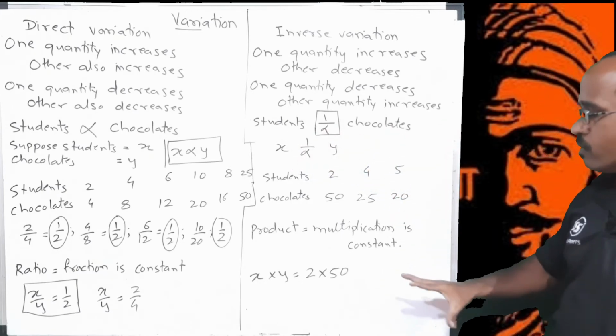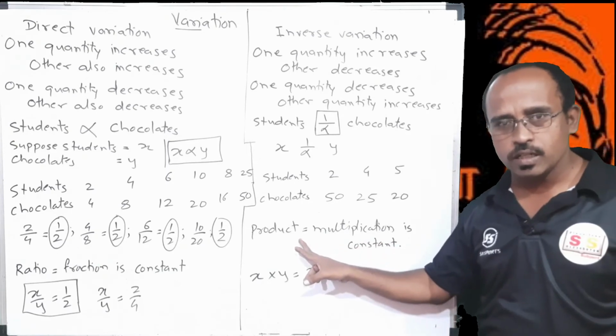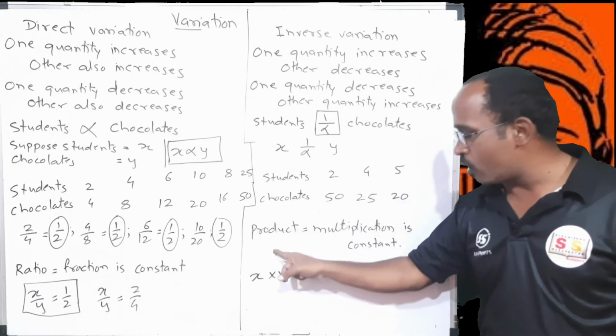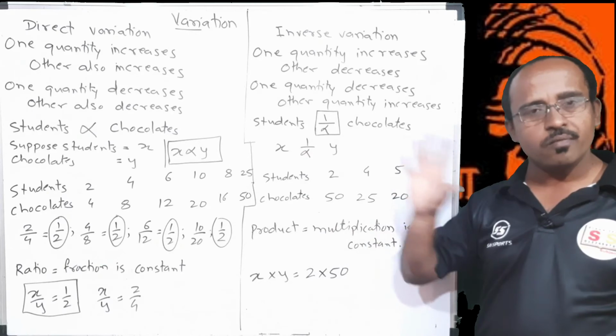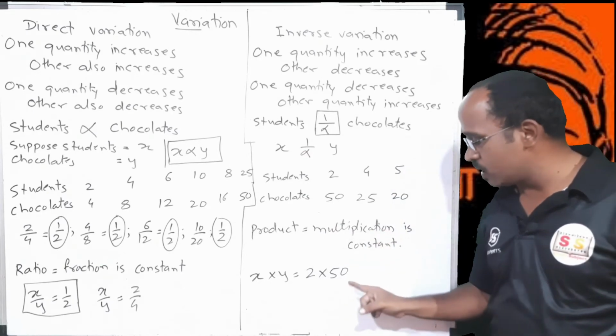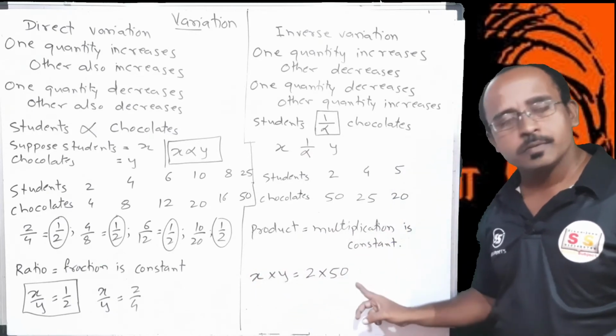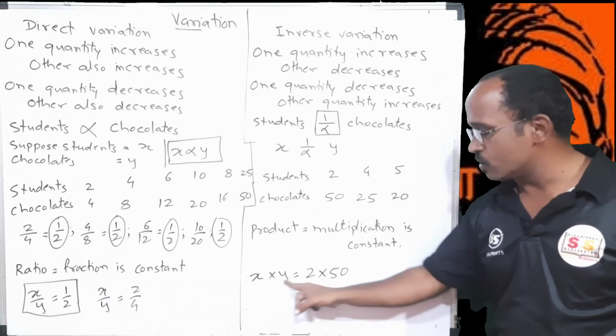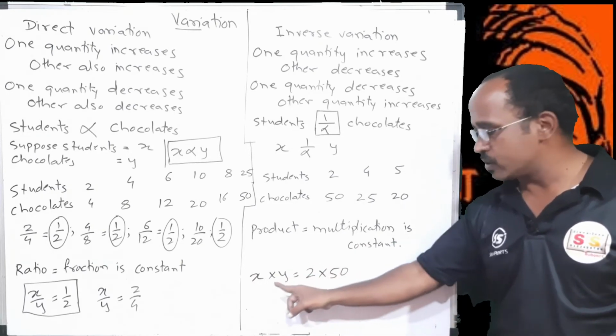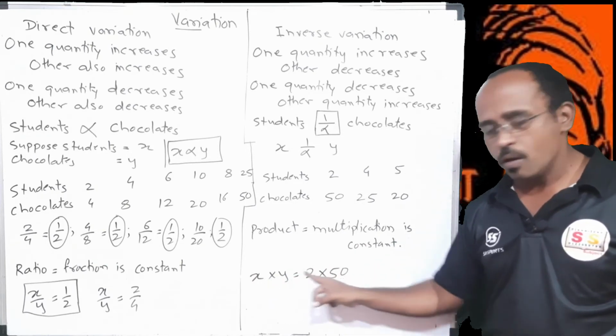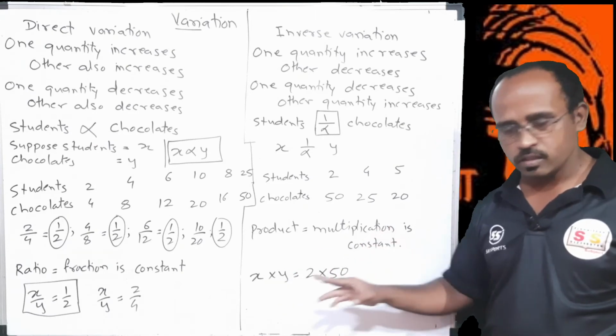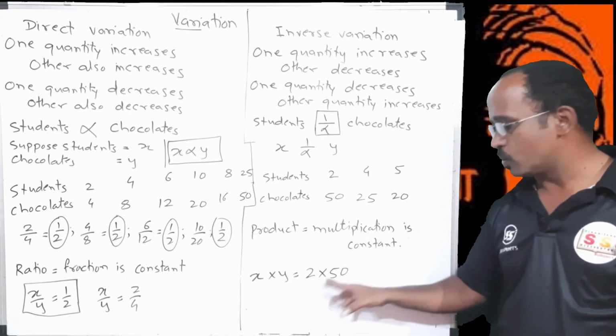Clear? Then we saw what is constant in the inverse variation. Product or multiplication is constant. Finally, we saw how to write the equation of the inverse variation. The equation is nothing but the multiplication of the given quantities. So x into y is equal to 2 into 50.